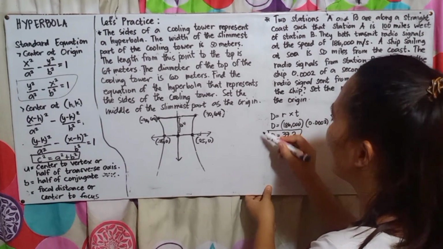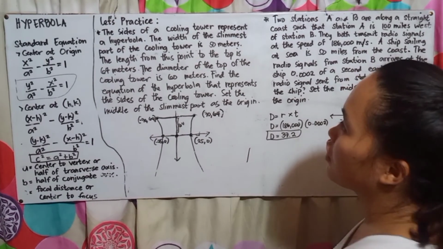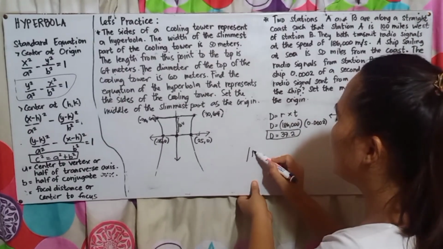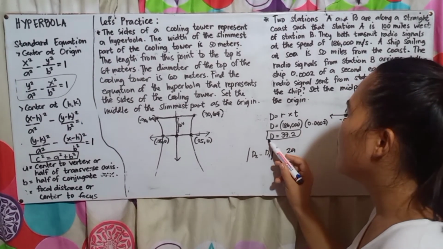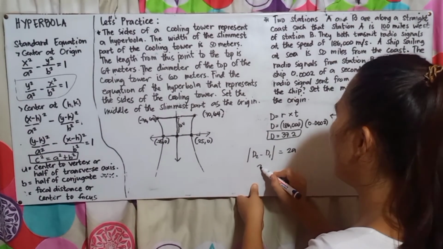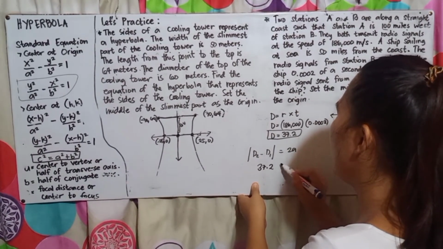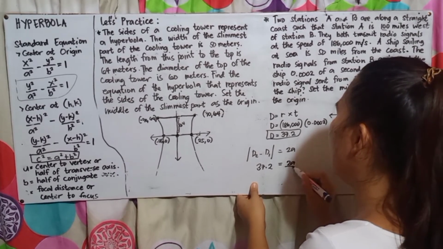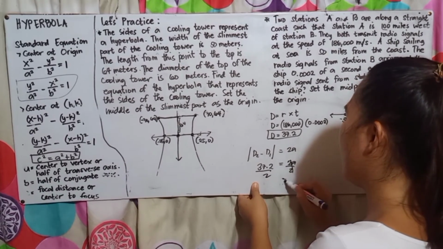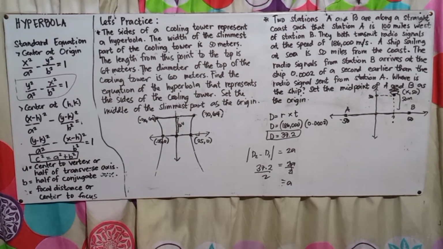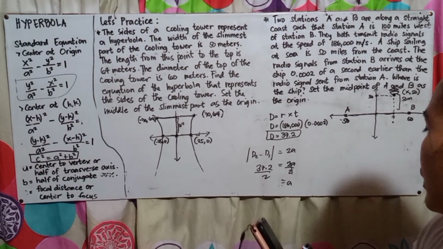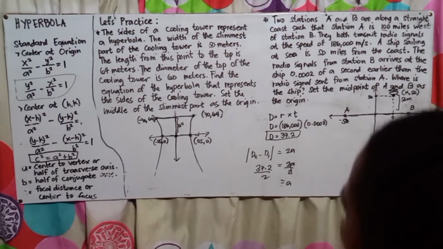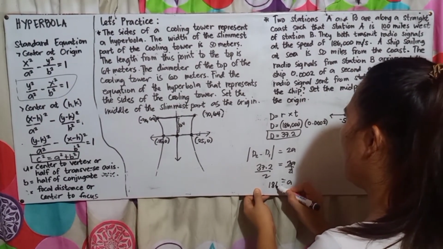Note that in a hyperbola, the absolute value of distance 2 minus distance 1 is equal to 2a. So since the computed distance is 372, that equals 2a. So we divide, our a is 372 divided by 2, which is 186. So our a is 186.